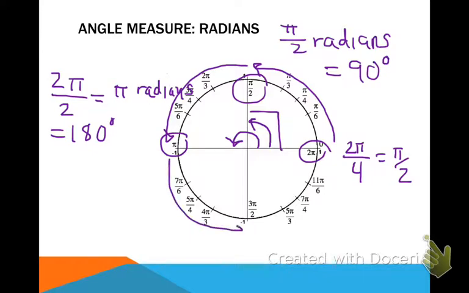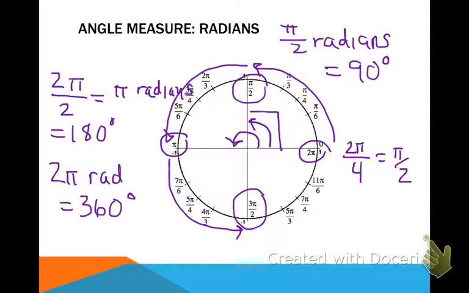Keep on going. Now you're 3/4 of the way around. So if you take 3/4 of 2 pi, you get 3 pi over 2 radians. And then, of course, you're back to the beginning where we have 2 pi radians in a full rotation, and that is the same as 360 degrees.